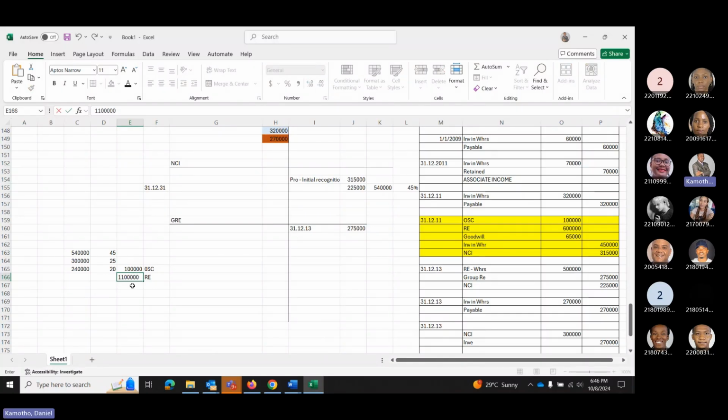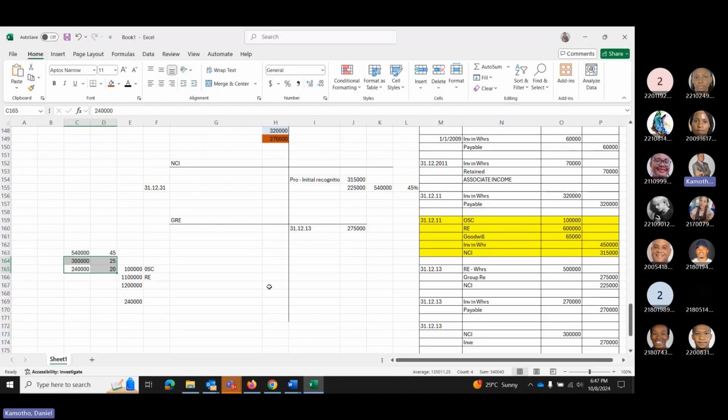So the net asset for that company at that date is 1.2. Therefore, 20% of 1.2 gives you 240. So we are going to reduce our NCI from 540, which represents 45%, by 25%, which is 300,000, so that it remains proportionate to the 20%.